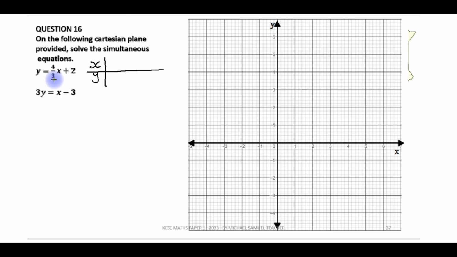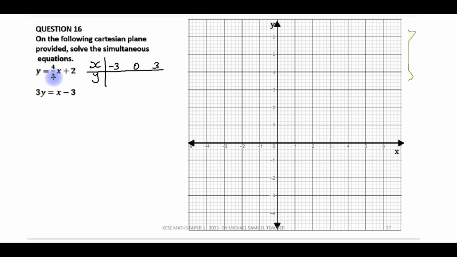So from here, we find the value of y when x is minus 3, when x is 0, and also 3. At least 3 points with which we are going to plot this linear equation.